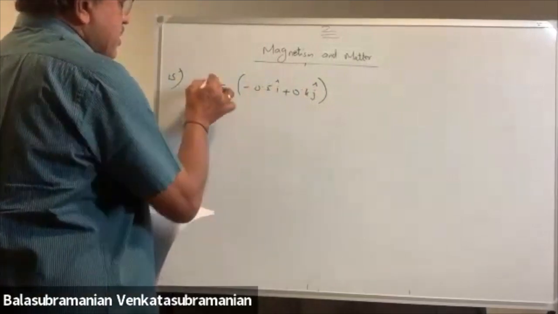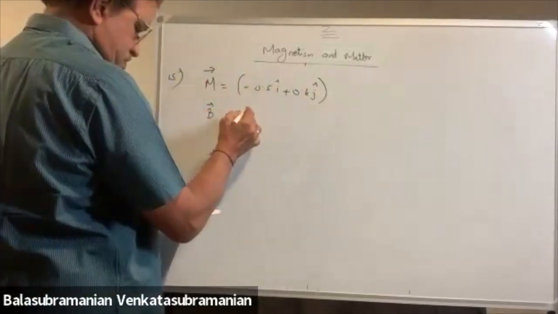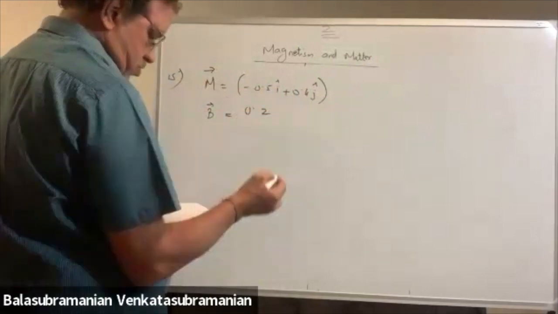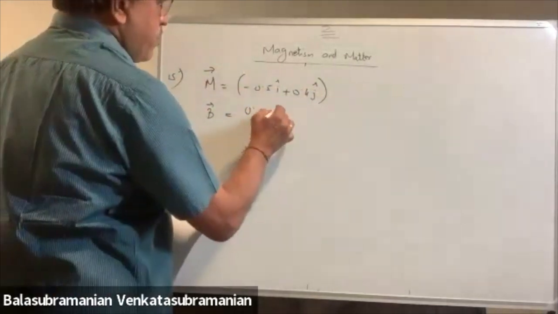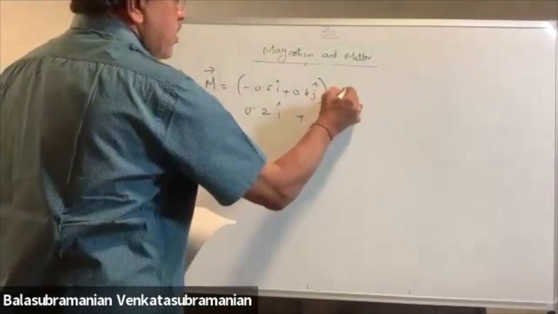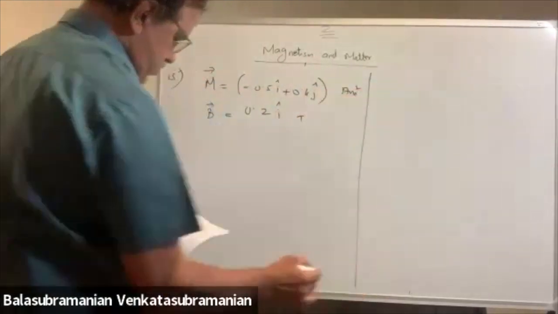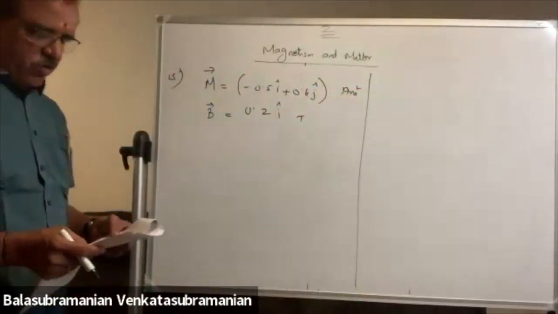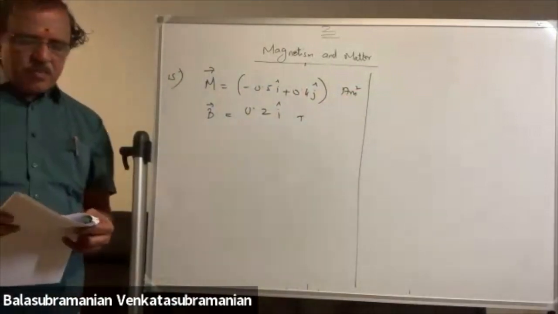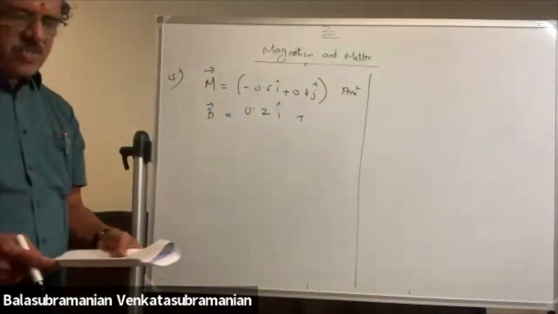Magnetic induction 0.2 I Tesla. Kept in uniform magnetic field. Calculate the potential energy. That is the question.